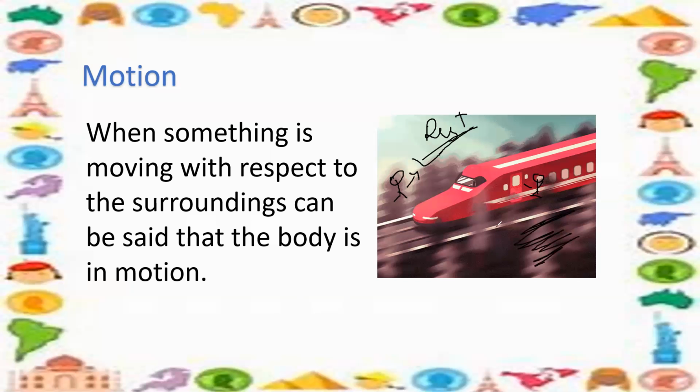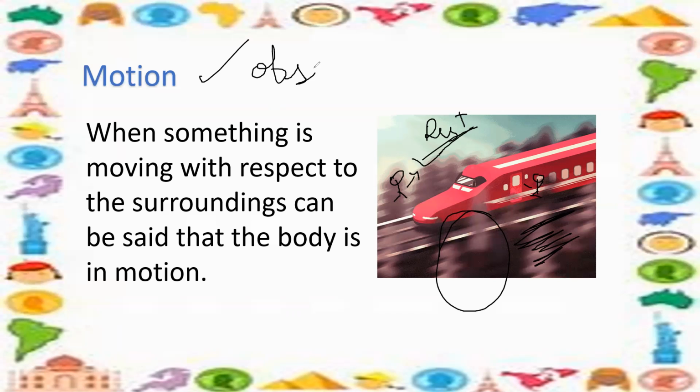You feel that they are moving, but they are not. It is just your illusion. You move, not the trees. So motion always depends on the observer.